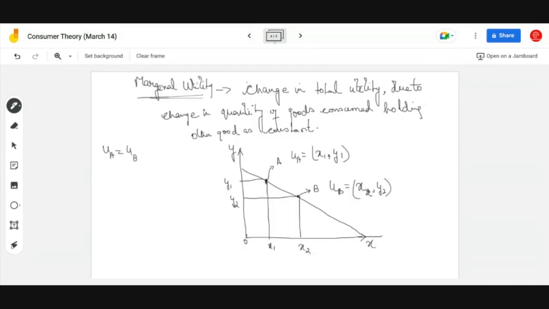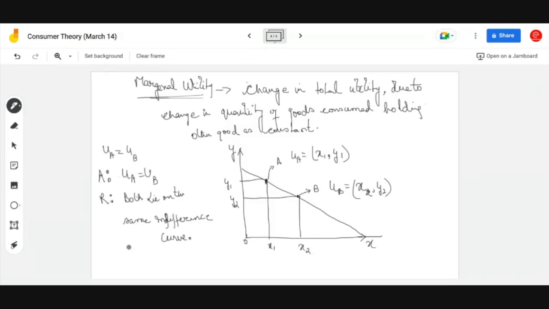In assertion and reason, you will be given a statement like: assertion is UA is equal to UB, and reason is both lie on the same indifference curve.